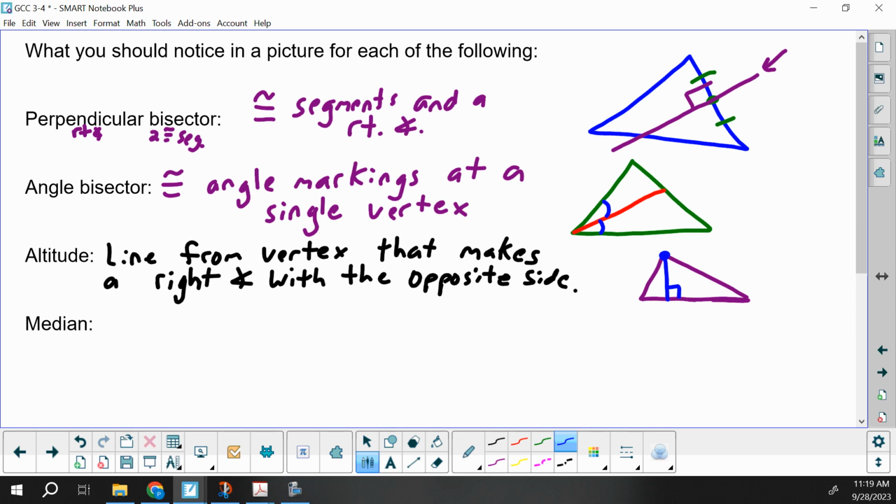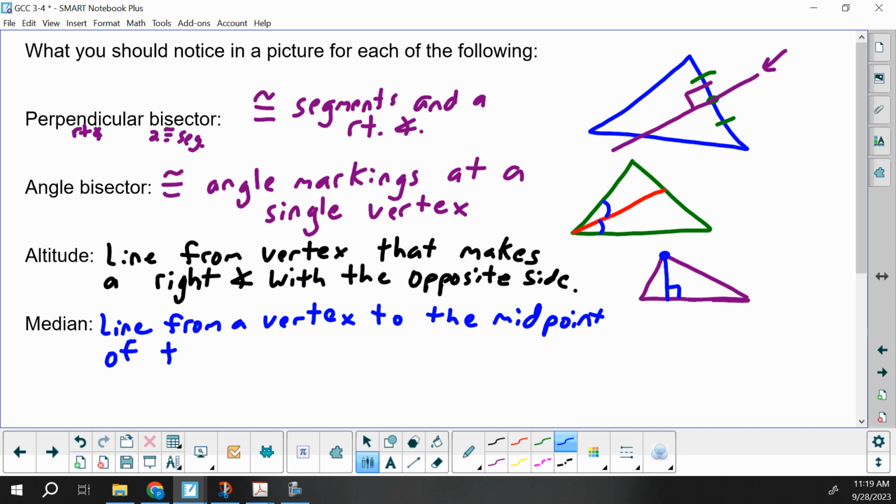And then the last one, the median, goes from the vertex to the midpoint of the opposite side. So we've got a line from a vertex to the midpoint of the opposite side. And we would know that it's a midpoint because there would be two congruent segment markings.